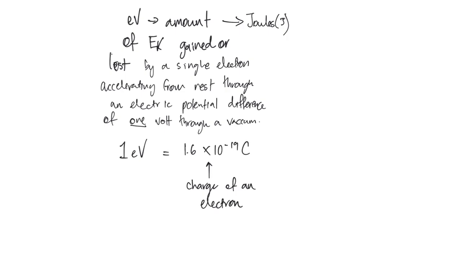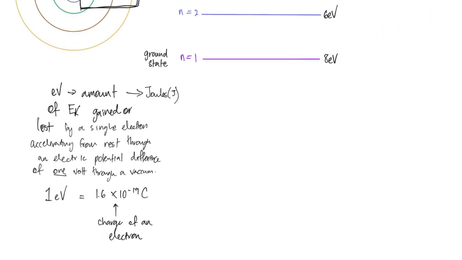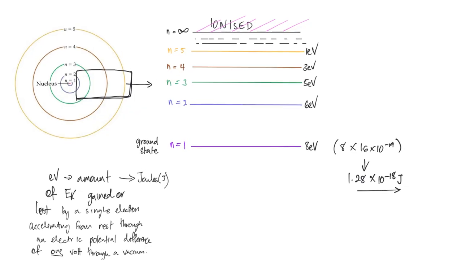So essentially, if I had, for example, here 8 electron volts, it's just going to be 8 times 1.6 times 10 to the power of negative 19, and that will give me an energy of 1.28 times 10 to the power of negative 18 joules. So that is what I'm looking at now.